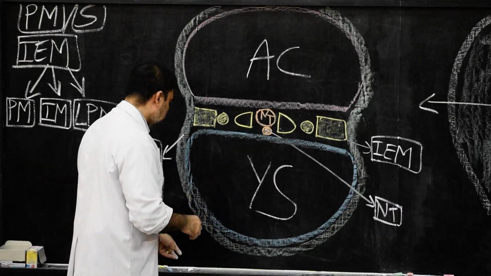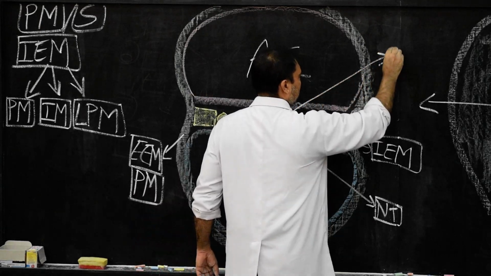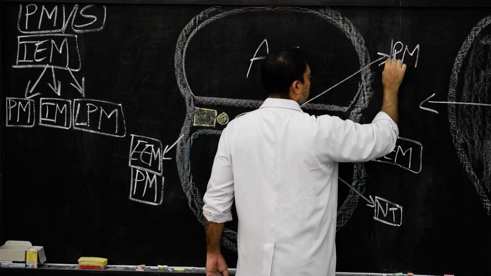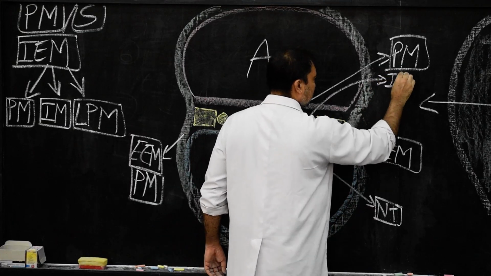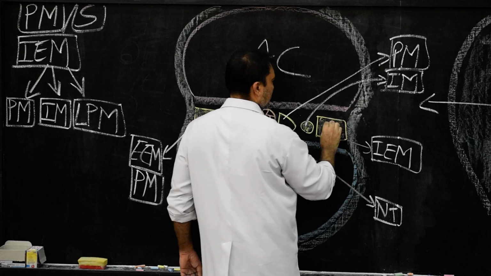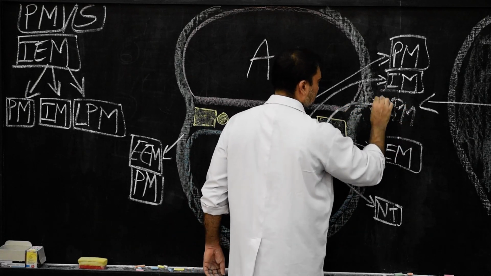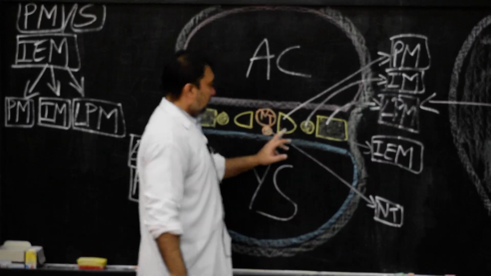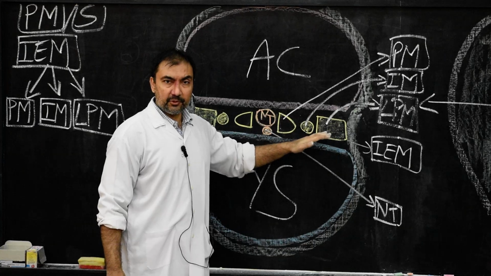Later on we are going to see that. Please note down here: paraxial mesoderm, then intermediate mesoderm, and lateral plate mesoderm. Please note down these three different parts of intraembryonic mesoderm.